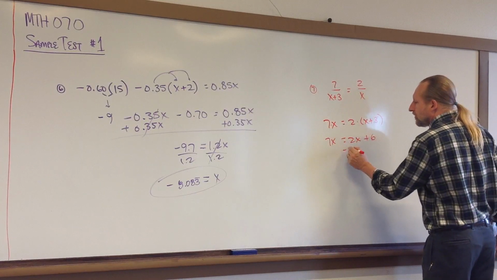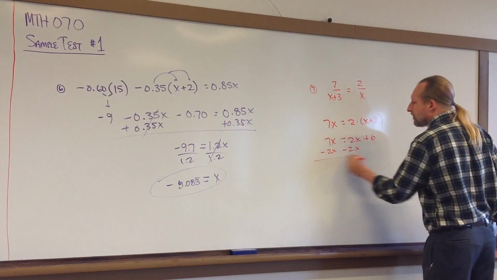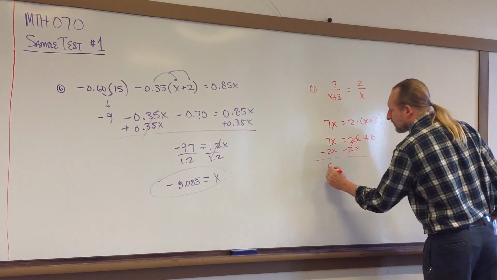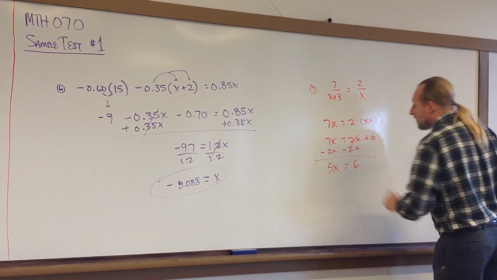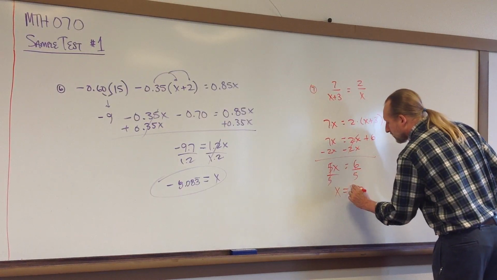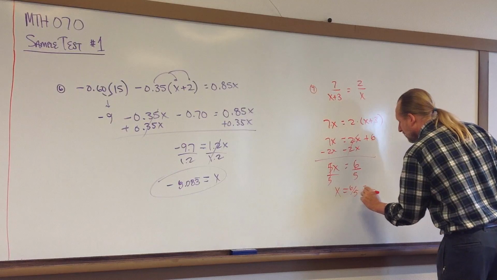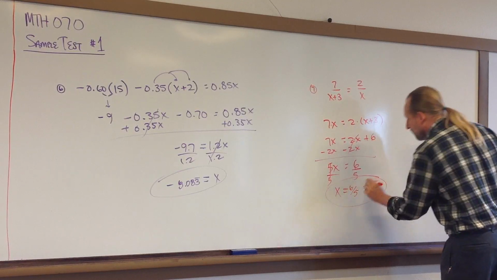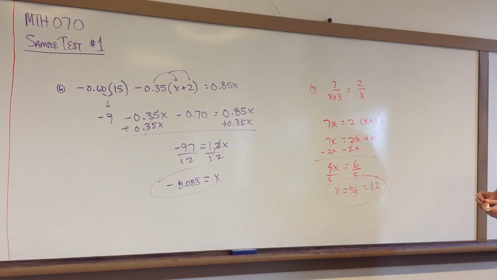Distribute that 2, and then move that 2x over here with the 7x. 5x equals 6. X is 6/5. That's also 1.2. Either answer is correct.